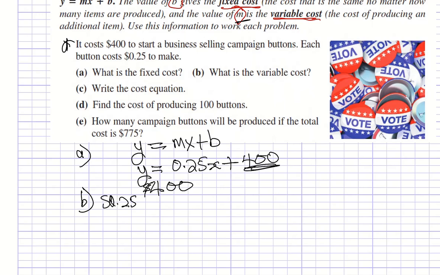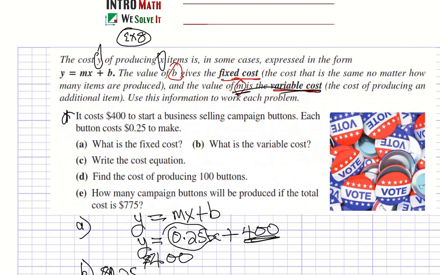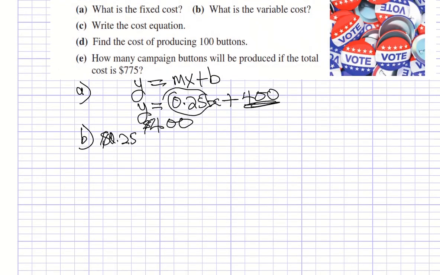Look over here, they said it here. That's the slope, so the slope is 0.25, because if the number of items changes, you multiply by 0.25. Make sure you understand that.